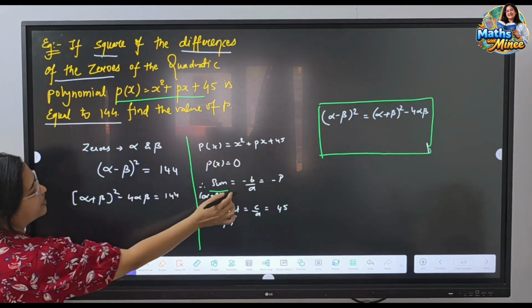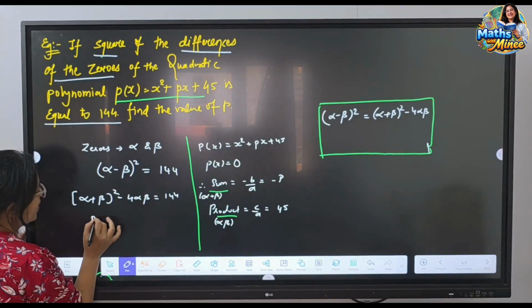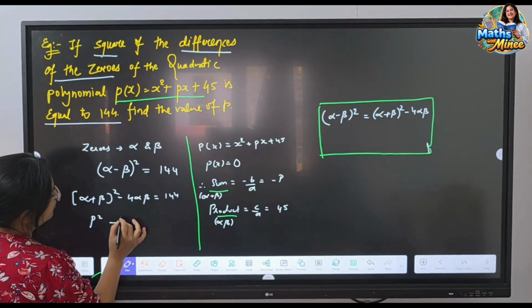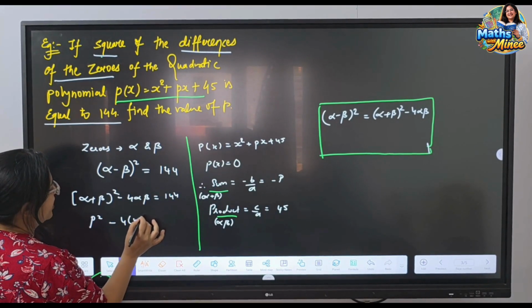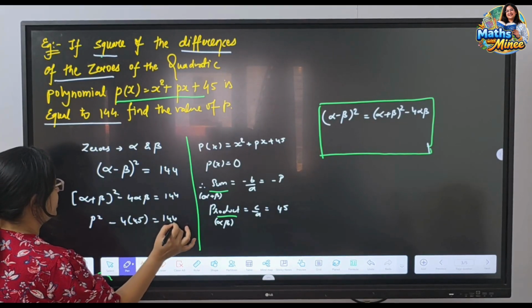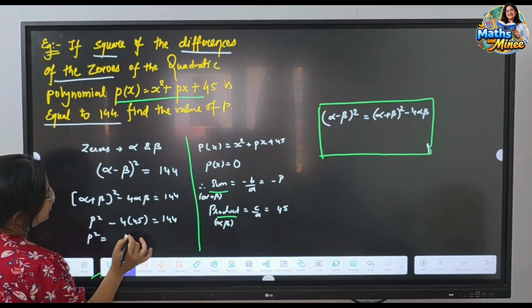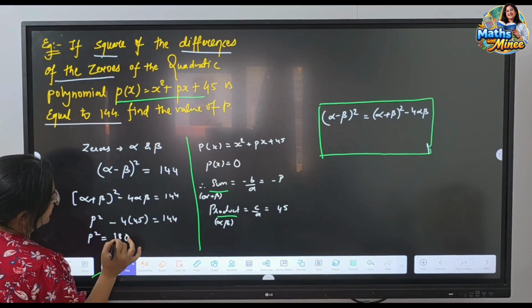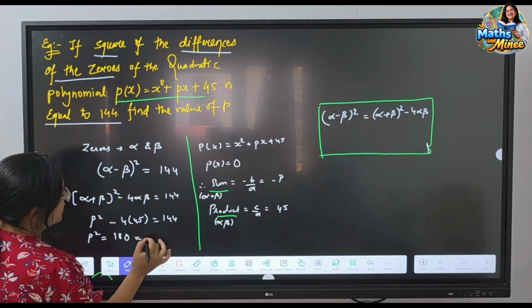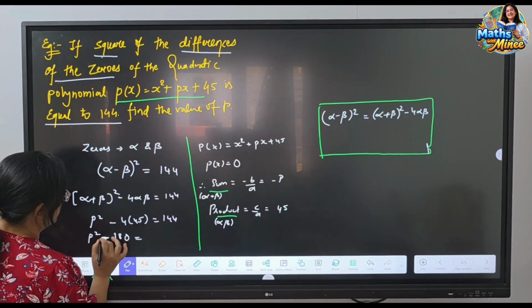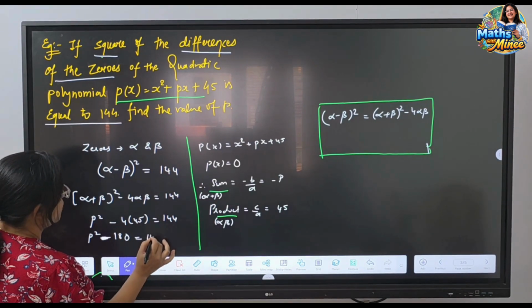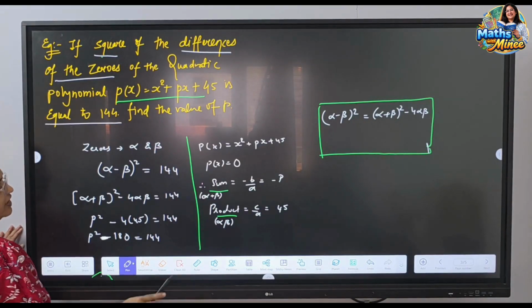Now here we are given the sum, that is minus p. So square of p minus 4 into 45 is equal to 144. So p square minus 180 is equal to 144.